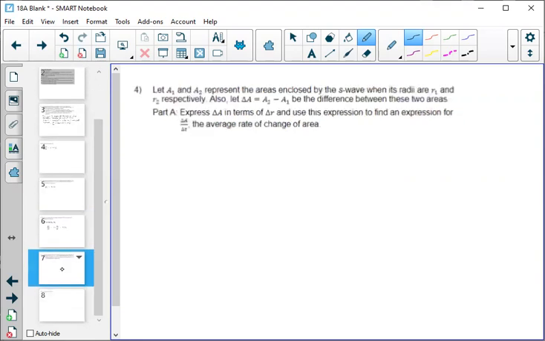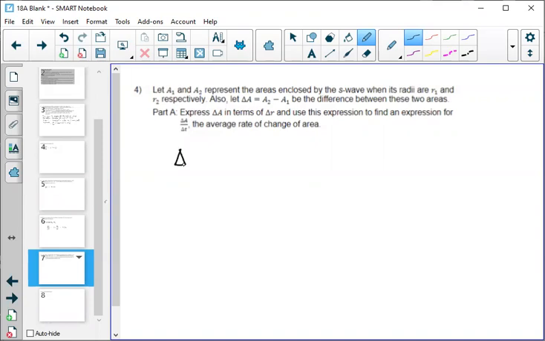Number 4, let A1 and A2 represent the areas enclosed by the S wave when its radii are R1 and R2 respectively. Also let delta A be A2 minus A1, and that's the difference between these two areas. Part A says express delta A in terms of delta R and use this expression to find an expression for delta A over delta T, which is the average rate of change of area.